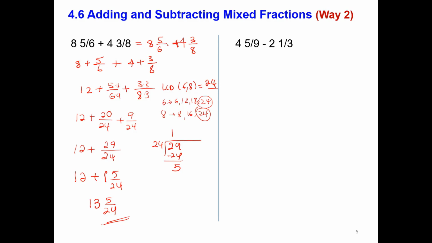In this case, we want to subtract the mixed numbers using way 2. Then let me write here, this equals 4 and 1 over 3, and now let's write this one, 4 plus 5 over 9.